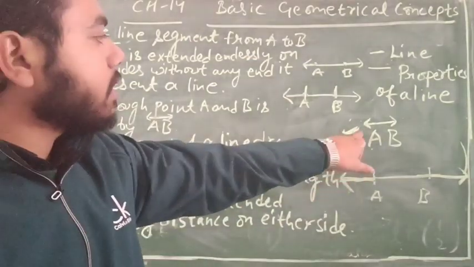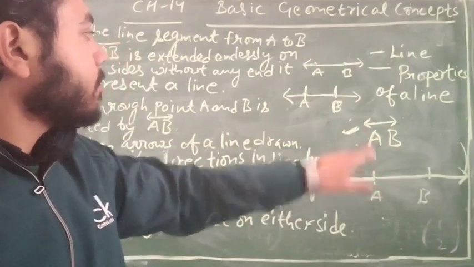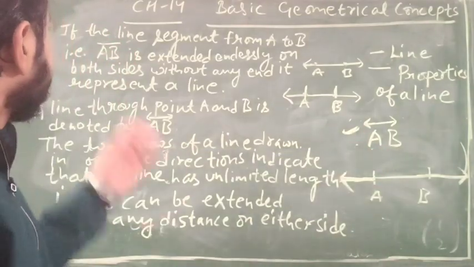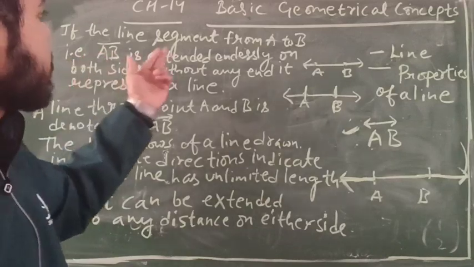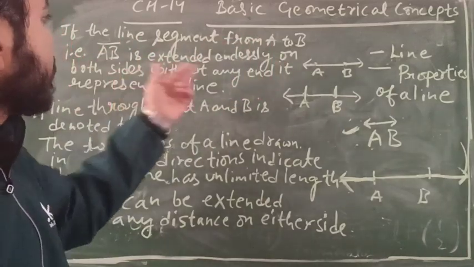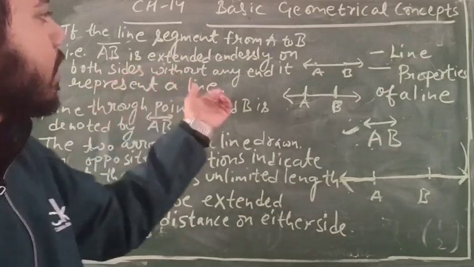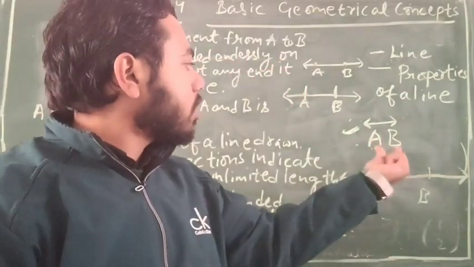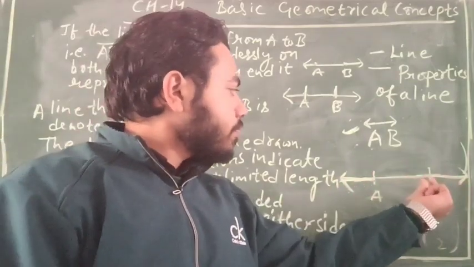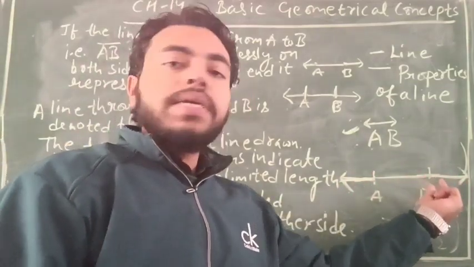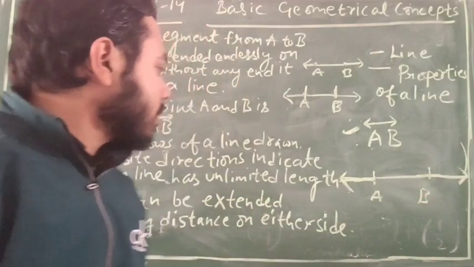This was the representation of line AB: the line segment from A to B is extended endlessly on both sides, and it represents a line. These two arrows say that it can be extended in both directions.